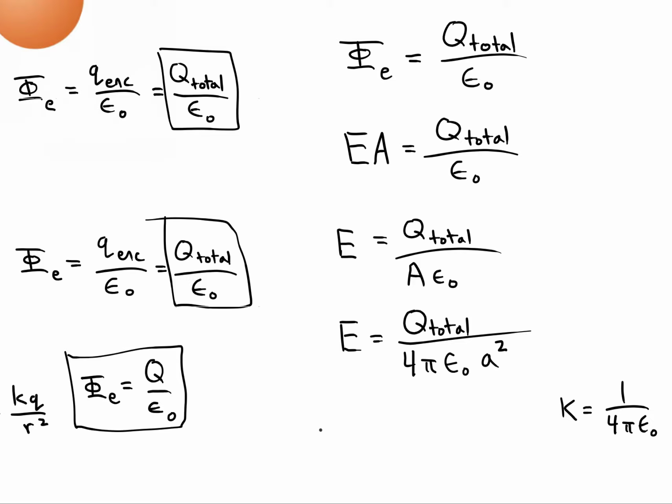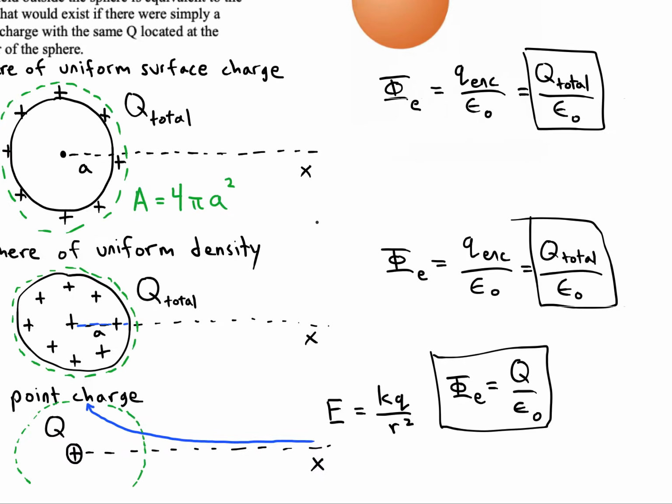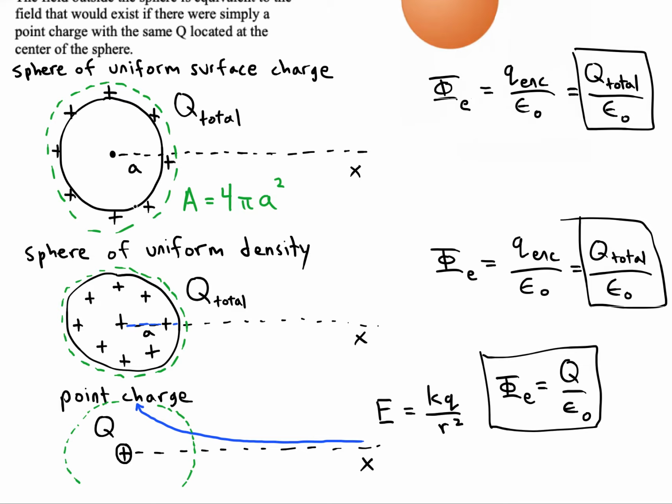If we substitute that in, it reveals that the electric field around any of these situations is going to be given by kQ total over the radius squared. And that's the same whether it's a point charge or a uniformly distributed surface charge or a sphere of uniform density.